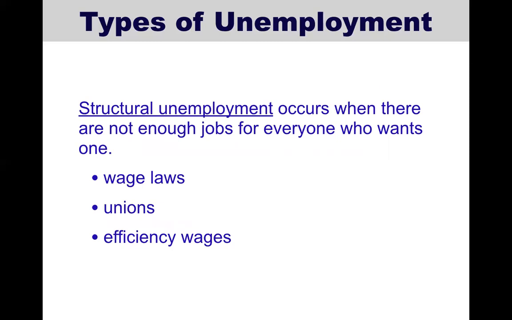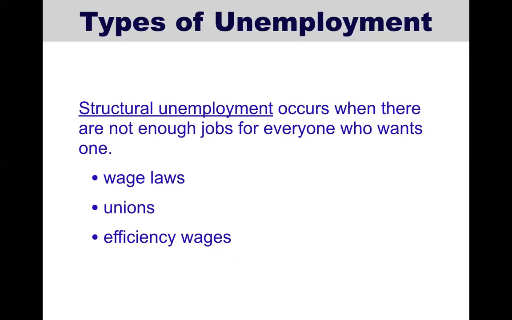When it comes to labor, the equilibrium price is called a wage. And in the case of structural unemployment, we have a situation where the equilibrium wage is not what we are using in our economy.